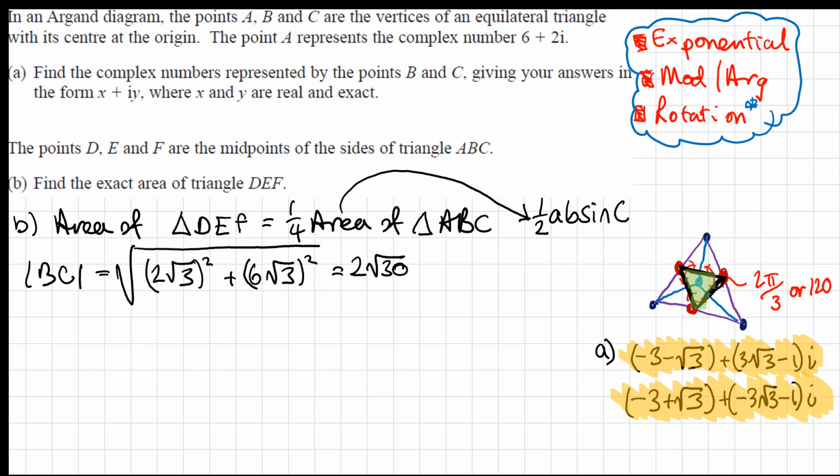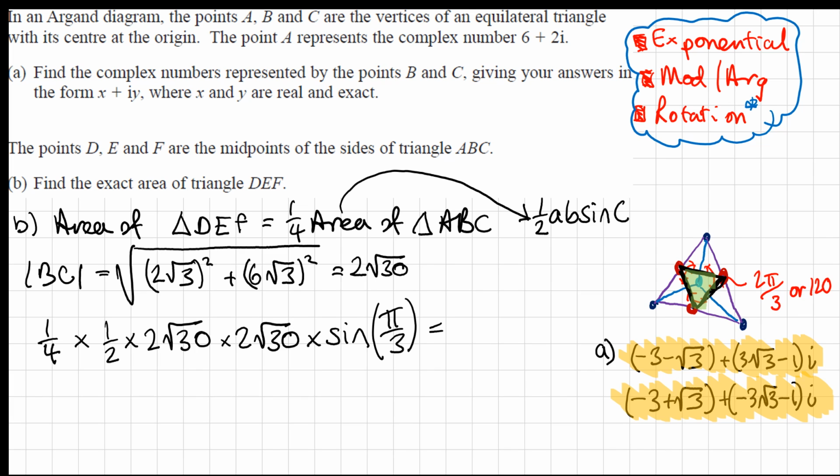So the area of this triangle DEF is a quarter of the area of ABC, and that's going to be half, and the length of the side is 2 root 30, times by the other side, so times by 2 root 30 again, times by the sine of the angle between them, that's this 60 degrees, which is pi over 3.